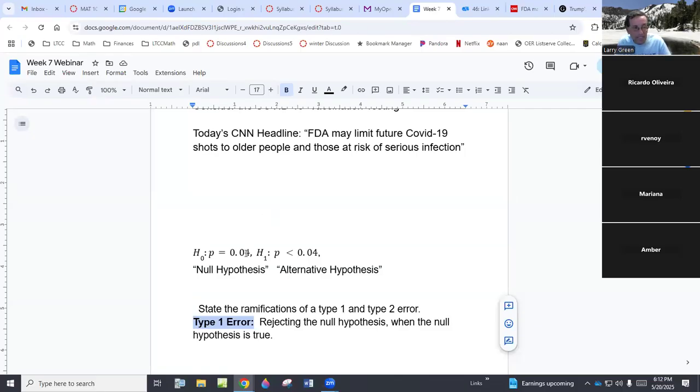So that means that Pfizer and Moderna said, hey, we looked at our data and we got good statistical evidence, we're going to call it statistically significant evidence, that the vaccination does reduce your chance of getting COVID. But the null hypothesis is true means that the vaccination doesn't help at all. If that happens, is that bad or is it good? What are the ramifications if that happens?